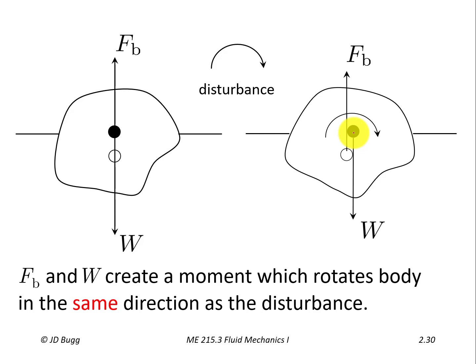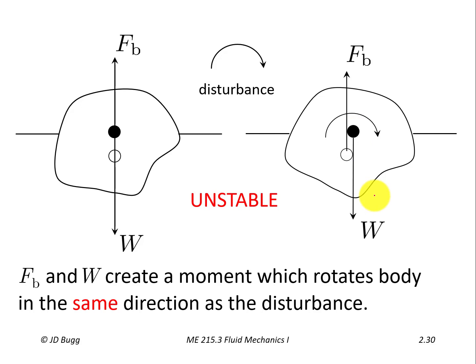So because of that, this is an unstable situation. If we have a floating object which is miraculously in this position here where these forces exactly line up, even the tiniest little disturbance, a little puff of wind or a little ripple on the water, or you touch this a tiny little bit, and again, doesn't matter which direction you disturb it in, it's going to produce a moment that is going to amplify that disturbance or make it move even further in that direction. So this is an unstable situation.